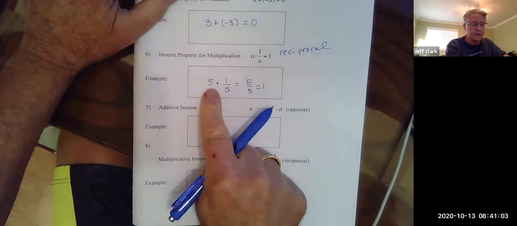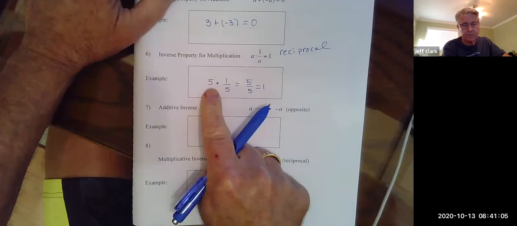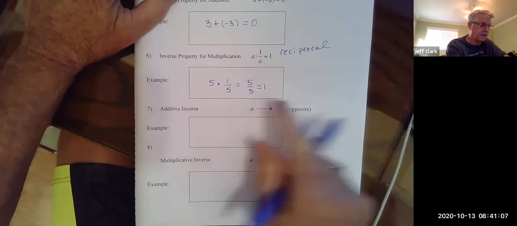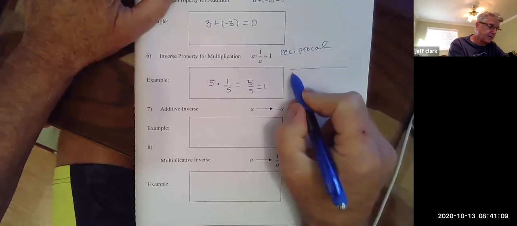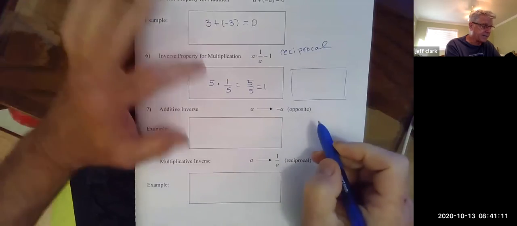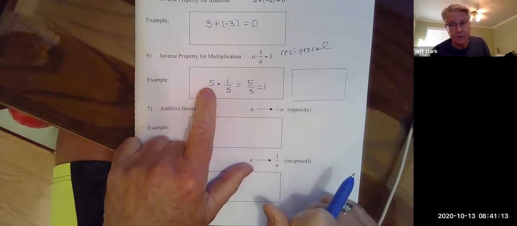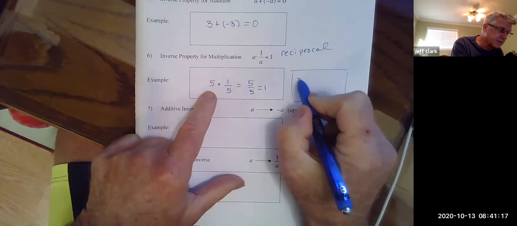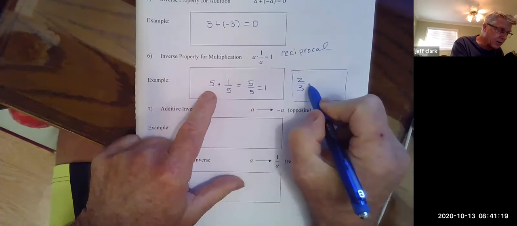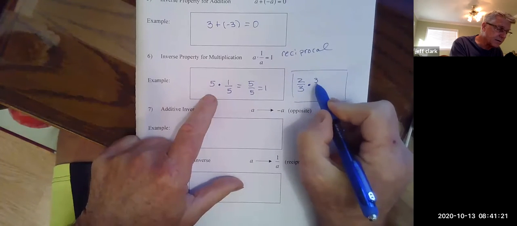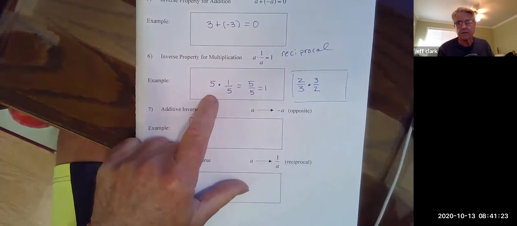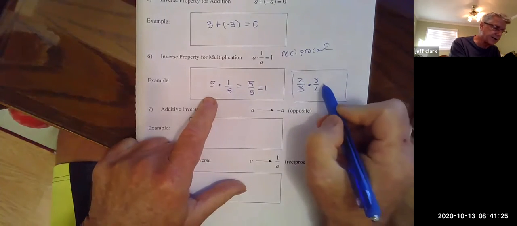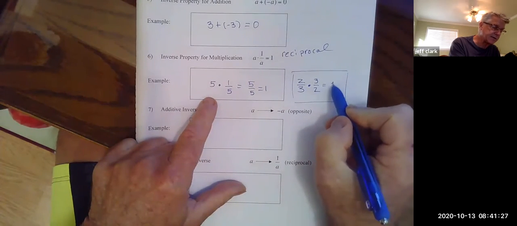So you take a number and you multiply it by its reciprocal, it's going to be 1. Here's another example. Let's say instead of a whole number like 5, let's say I take a rational number like 2/3 and I multiply it by its reciprocal. Flip-flop. Yep, you're still going to get 6/6. You're still going to get 1.